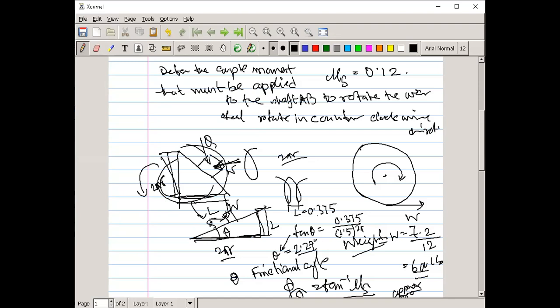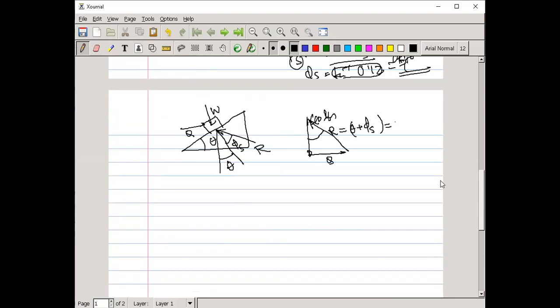Okay, so if we add these two, 2.27 and 7, you can calculate yourself actually. This may be 7 or something, this may be 2.2 to 2.5, in between that. So what value will come, what we have to apply, we can apply the simple Lami's theorem.